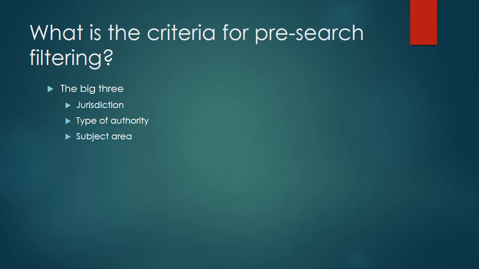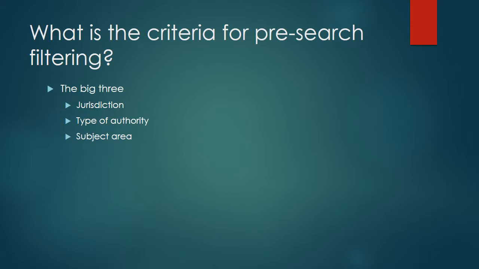Importantly, pre-search filtering will often, as the example I just gave you illustrated, require centering on some combination of all three of these. Don't forget also that the textbooks you've saved from previous courses can also be helpful to your pre-search filtering decisions. For example, Chapter 3 of the Introduction to Paralegal Studies textbook has some food for thought on the sources of law, which is type of authority.